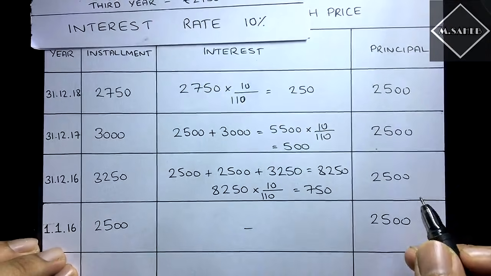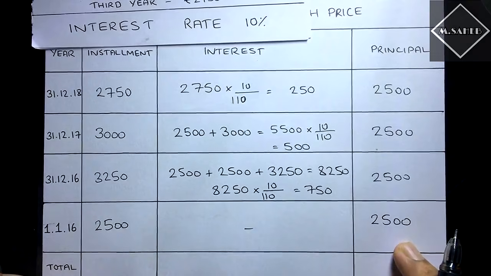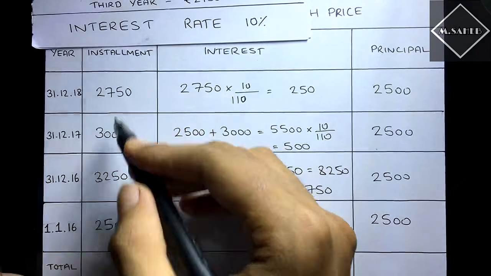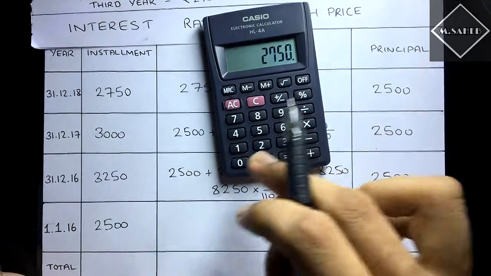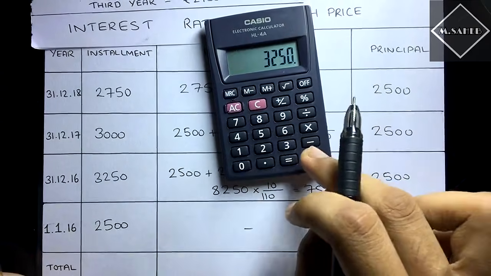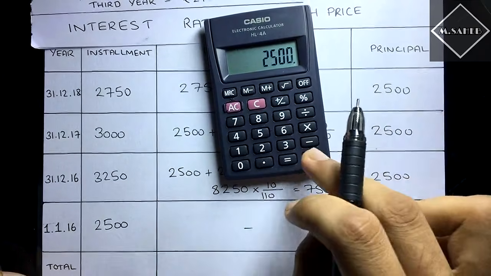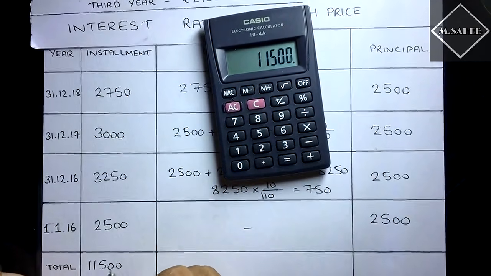All right, then you have to add up all the totals. See, installment total: 2750 plus 3000 plus 3250 plus 2500, which is equal to 11,500. That is the installment total.